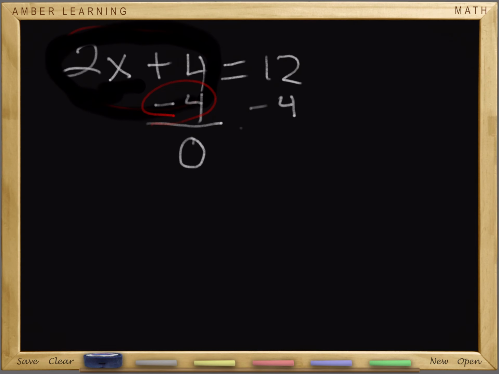So I'm going to say minus 4, and 12 minus 4 is 8. I've gotten rid of the 4, and what I have left is 2x is equal to 8. That's not bad. We did that easily just by subtracting it from both sides.